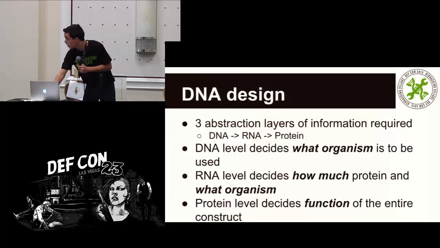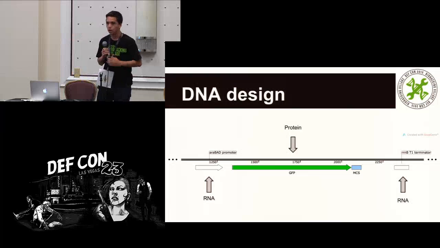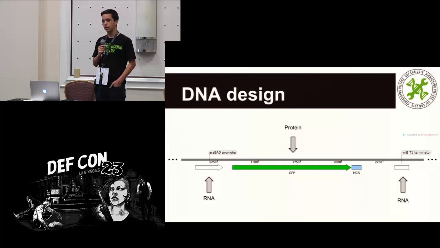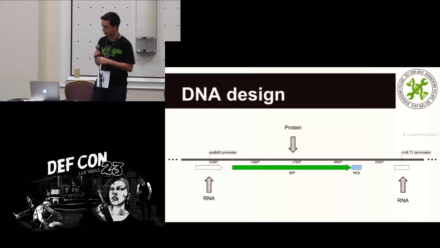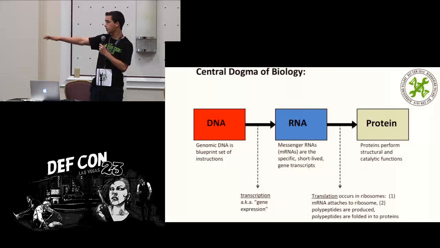So, central dogma, DNA design. I'll go over a little bit of terminology and then I'll hand it over. A promoter is something that turns DNA into RNA. So gene expression, gene transcription, is activated by a promoter.